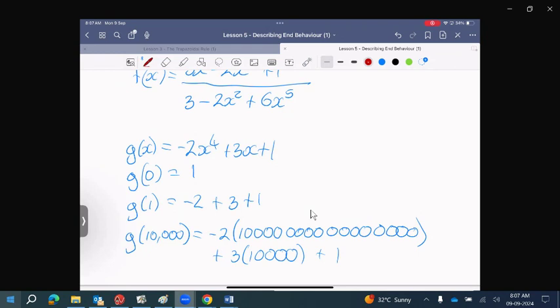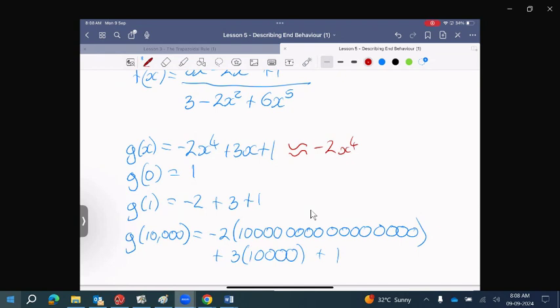How important is the 3x? It's insignificant. Let's say we were giving this number to 5 significant figures. That 3x and that 1 is not going to change the value to 5 significant figures whatsoever. Absolutely, it's insignificant. So for really large values, this function is approximately just this function, because I'm only putting in 10,000.